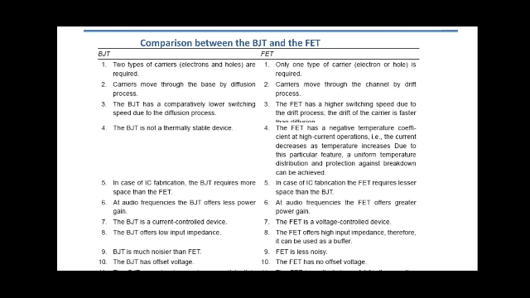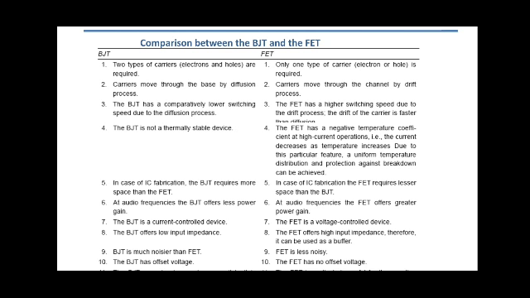In a BJT you will have the diffusion process. Through the base the charge carriers move by the process of diffusion, whereas in a FET the carriers move due to drift velocity.